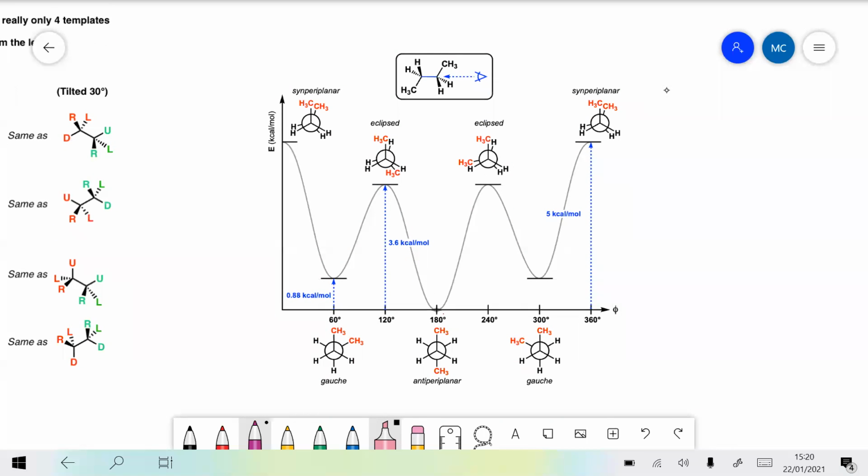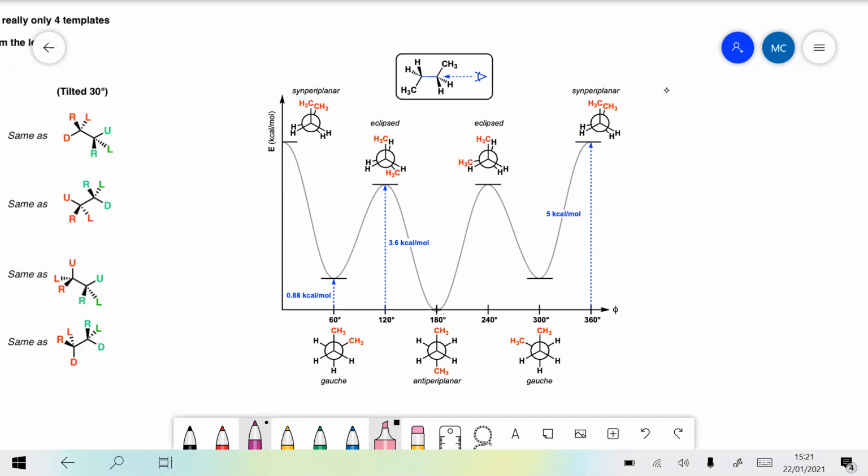In fact, syn-periplanar would be where they are on the same plane, and anti-periplanar would be when they are completely opposite, okay? And this is going to be important because in some reactions, we will require either syn-periplanar or anti-periplanar. When we get to it, we will define these reactions once more, okay?